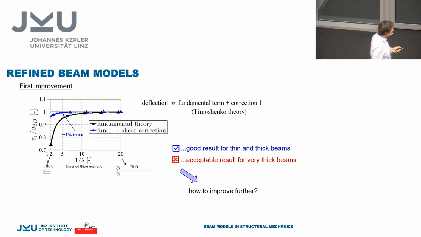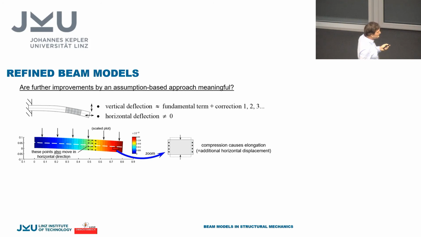And how should we improve? So the problem is that we have an assumption-based approach. So this means that we cannot treat topics that are not considered in our assumption.